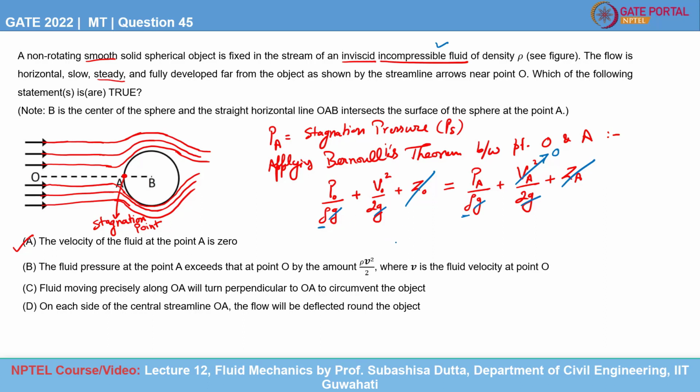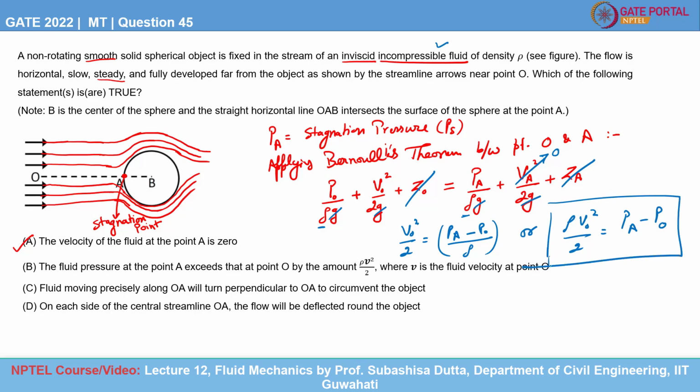And what we are left with is V squared by 2 equals PA minus PO upon rho. Or rho V naught squared by 2 is the pressure difference between point A and point O. From Bernoulli's theorem, we have deduced this.